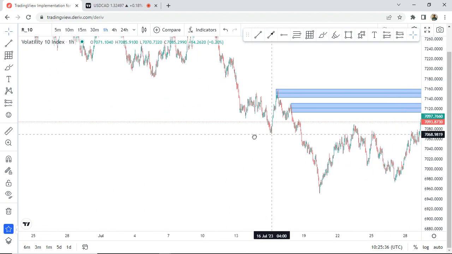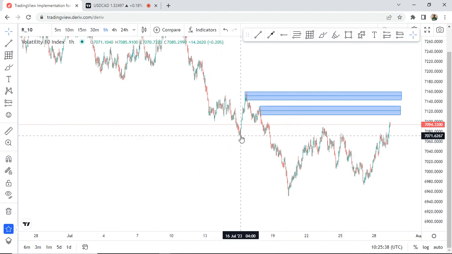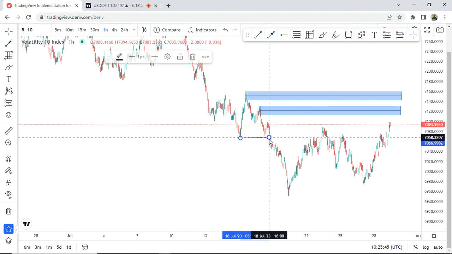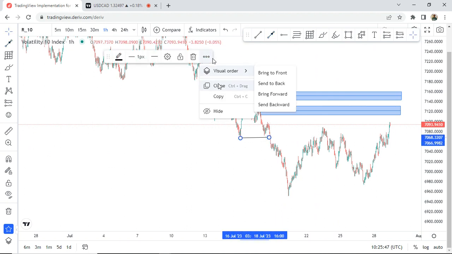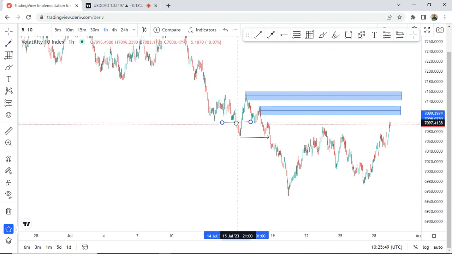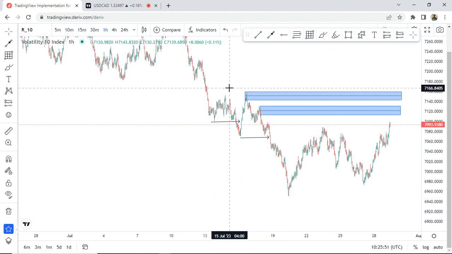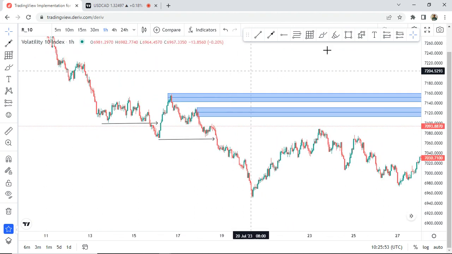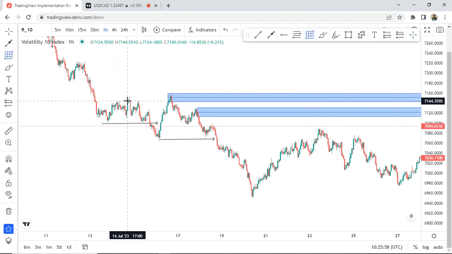So this was our break of structure here. Break of structure here, and we had a break of structure here, of which the market came and mitigated the small order block in this area.